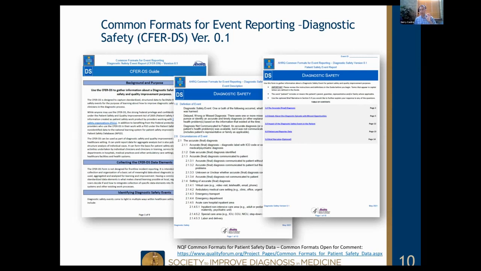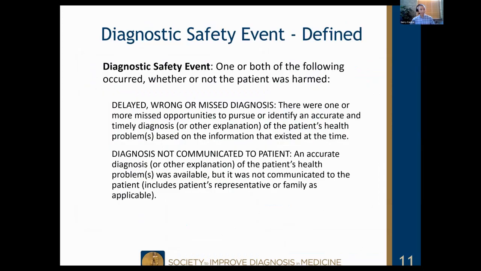The event descriptions are just a listing of the different data elements, and then the form itself looks like a reporting form, but it is the way that they have organized the data elements to capture the specific information, or the proposed way of capturing information. Next slide, please.